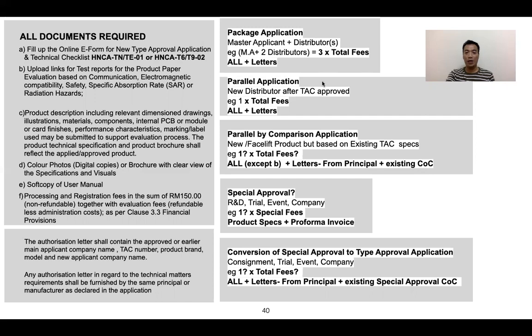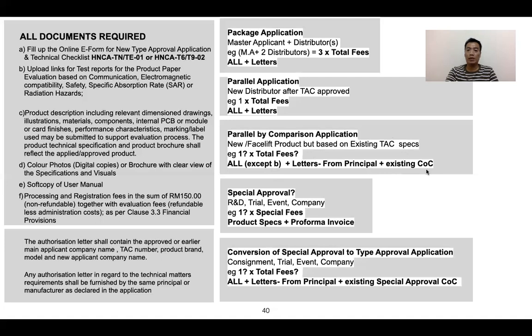Okay, if it's parallel after a product has been type approved, you need to provide the necessary information plus the letters of appointment by the principal brand. If you are doing a parallel by comparison application, which is a new facelift product but based on an existing TAC, we need all these documents except for C, the test reports we do not need, but we need the confirmation declaration letter from your principal, as well as the existing COC documents.